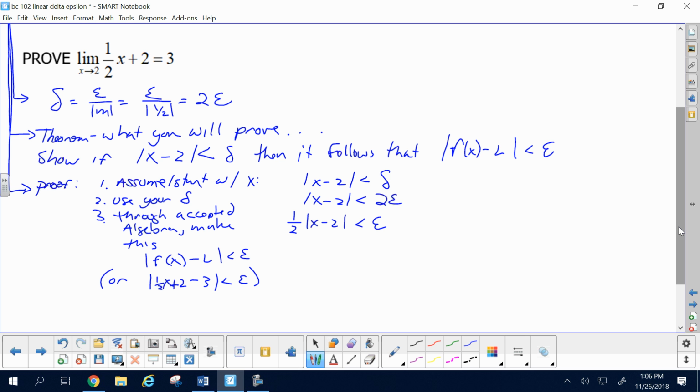Do you agree that mathematically I can divide both sides by 2? Yes? All right. Again, through accepted math. I want to get this 1/2 in here. Let's start by bringing in some absolute value. Isn't 1/2 the same as the absolute value of 1/2? Would you agree they're equal? Okay. We've talked a little bit in the sets leading up to it, but I'll say it again.